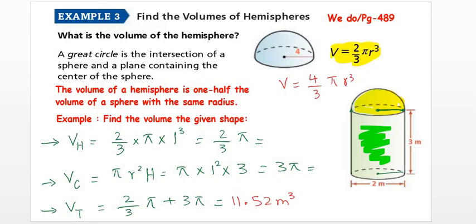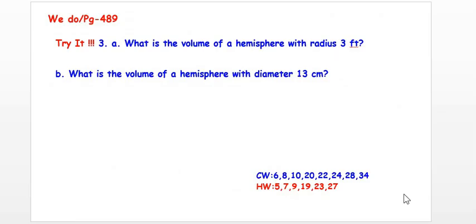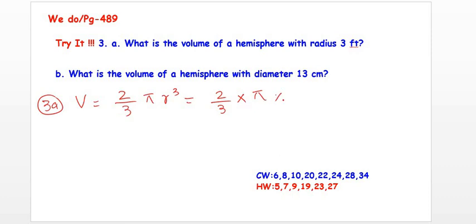Clear? So here we have another try question. It says, what is the volume of the hemisphere with radius 3 feet? So very simple. You will write the formula. What is the formula for finding the volume of the hemisphere? It's 2 over 3 pi r cubed. So let's put the values into it. It's going to be 2 over 3 times pi times the radius is 3, so it's going to be 3 cubed, and we will put the values on the calculator.